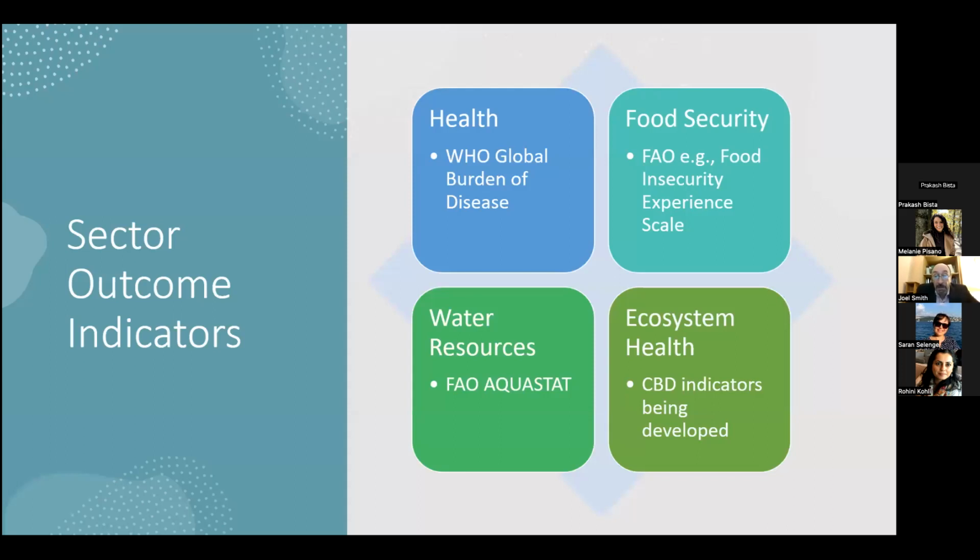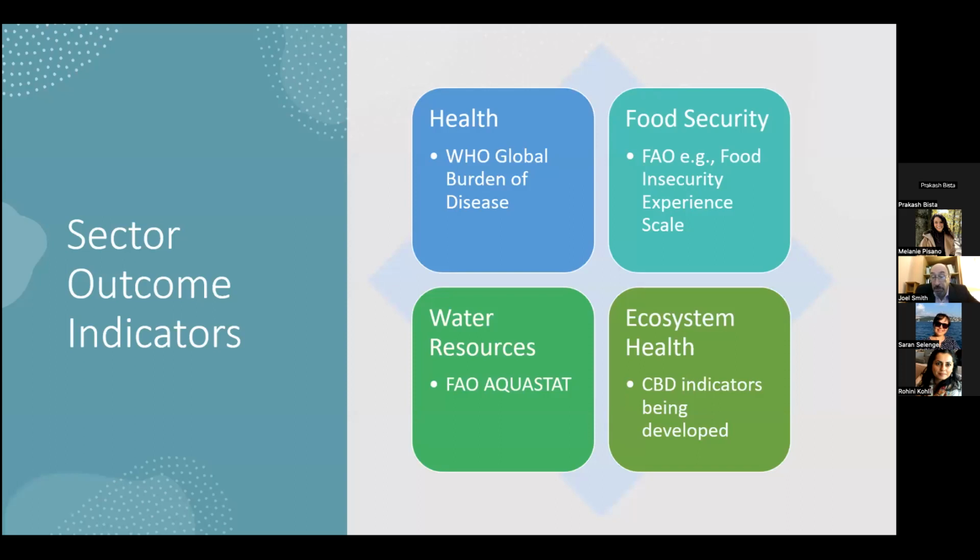So, for example, in health, the World Health Organization developed the Global Burden of Disease, which, by the way, is actually an index that looks at everything in terms of life expectancy and effects not just of mortality but also morbidity. The Food and Agricultural Organization, FAO, has many metrics for measuring food security and has developed a food insecurity experience scale.